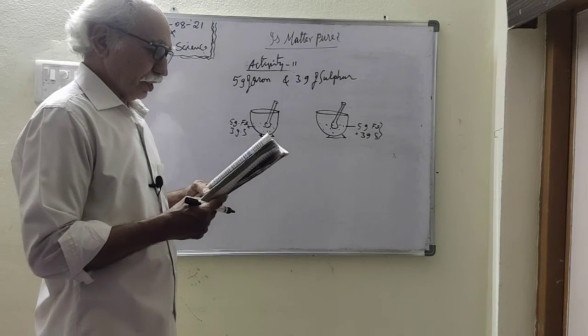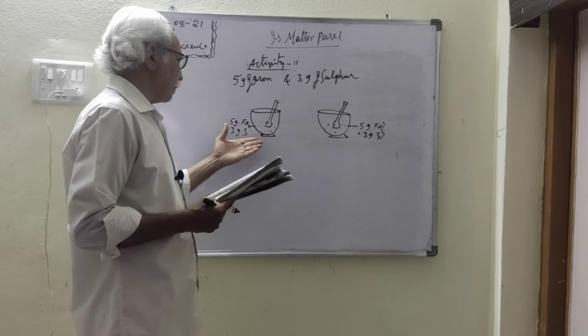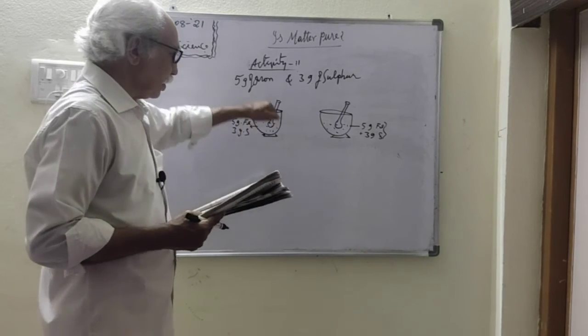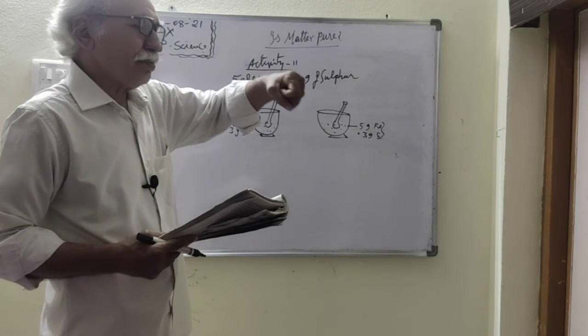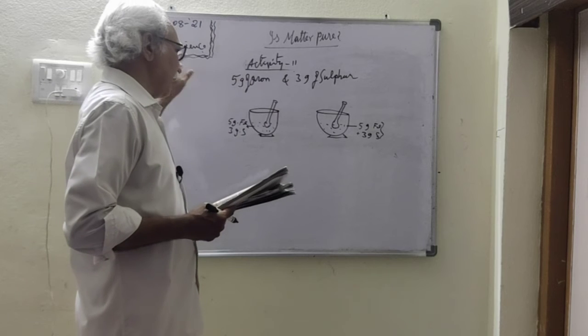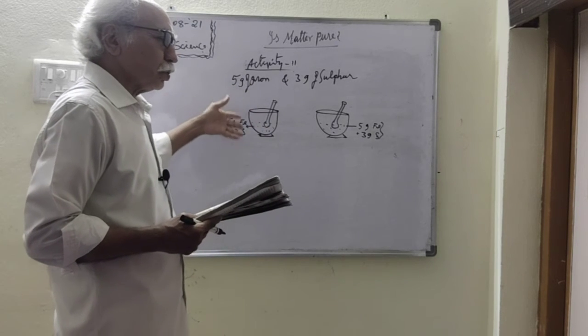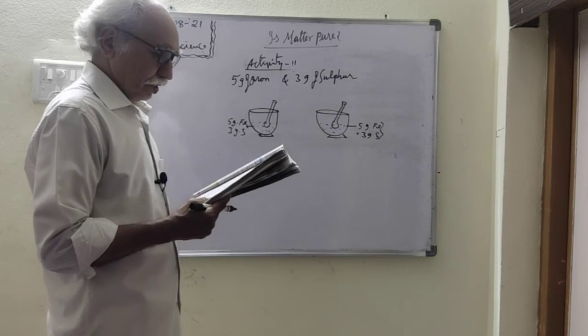Just take the magnet and move it. What happens? We can separate the iron from sulfur by using a magnet. All the iron particles are attracted by the magnet, so we can remove these iron filings. Then the remaining is the sulfur. We can separate these two components by a simple method called magnetic separation.